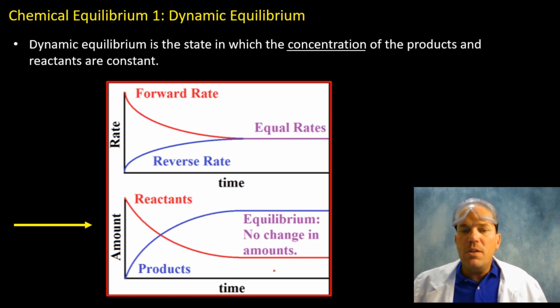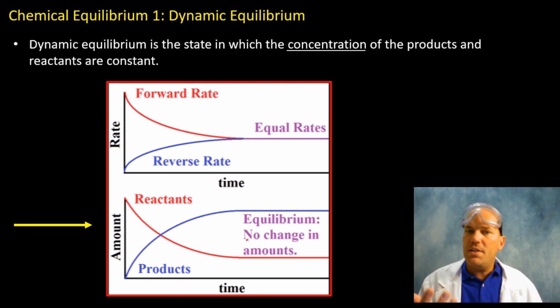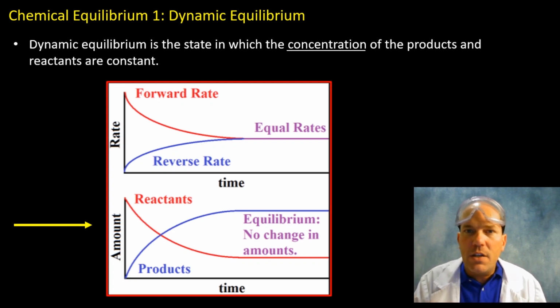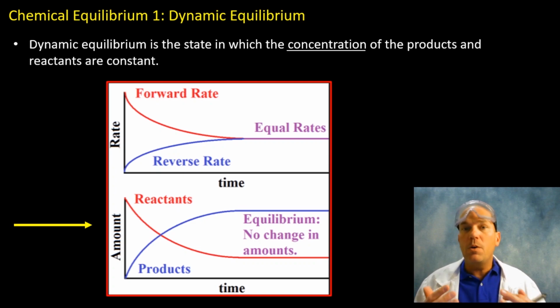And once equilibrium has been achieved, there's no change in the amounts. So at equilibrium, there is a higher concentration of products in this graph than there are reactants. However, their concentrations respectively will remain constant.